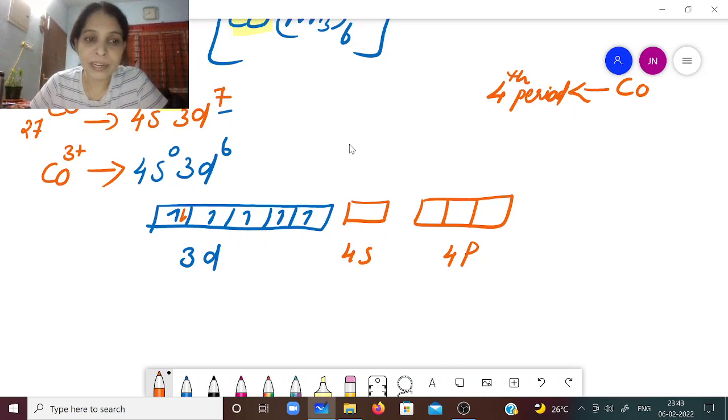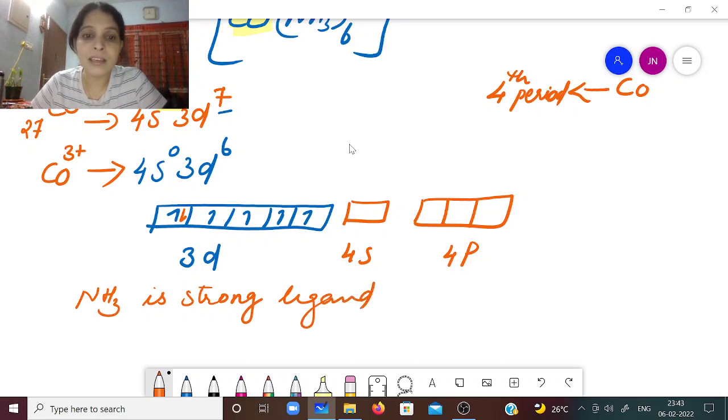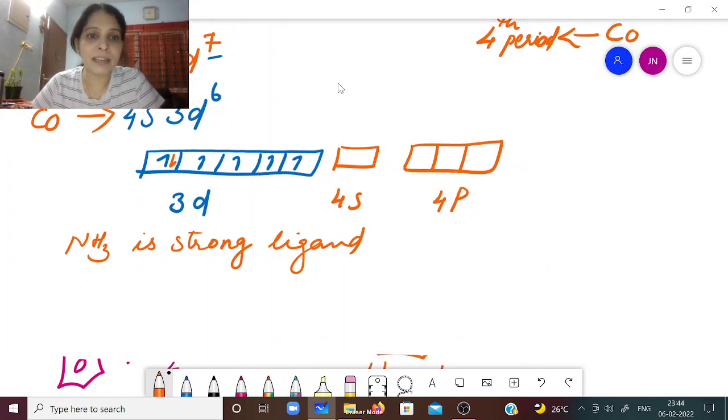So NH3 is a strong ligand which can pair up the electrons of the central metal atom. You can see that the central metal atom electrons will be paired up.